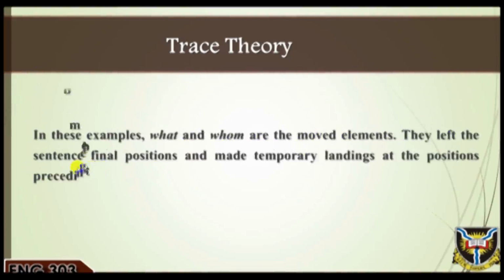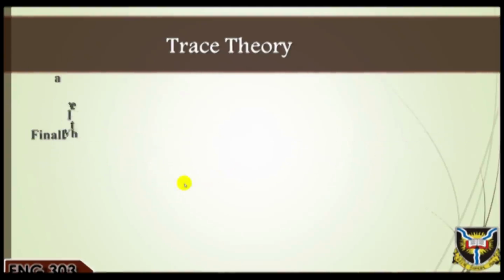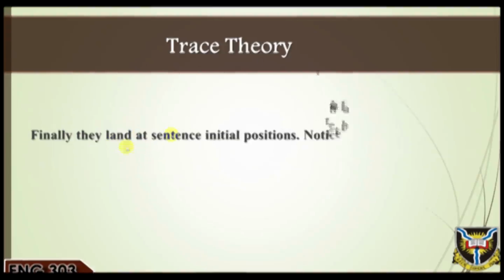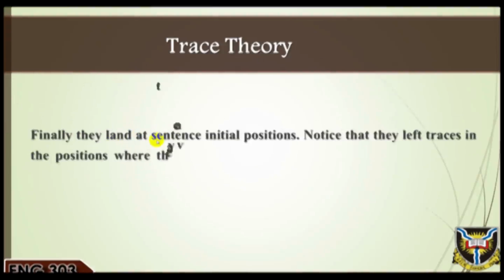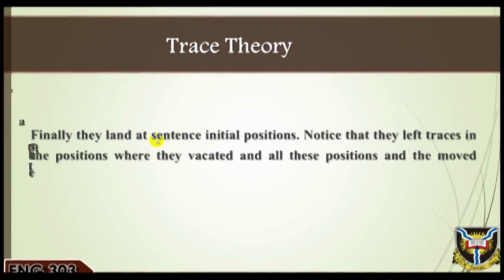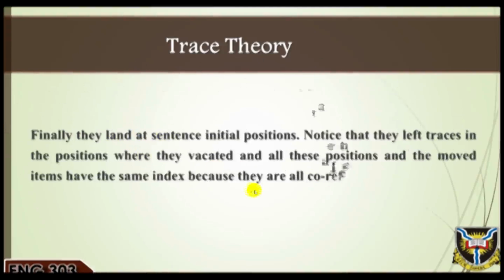They left the sentence final positions and made temporary landings at the positions preceding the embedded sentences. Finally, they land at sentence initial position. Notice that they left traces in the positions where they vacated, and all these positions and the moved items have the same index because they are all co-referential.